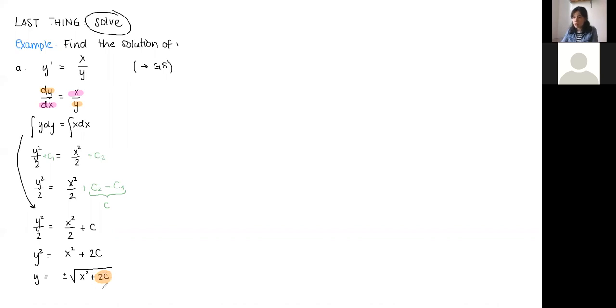And so that means that 2c over here, we can relabel it as just some other number d. Going to do that pretty frequently. And so that means that my solution to this is going to be y, which is equal to plus or minus square root of x squared plus d.